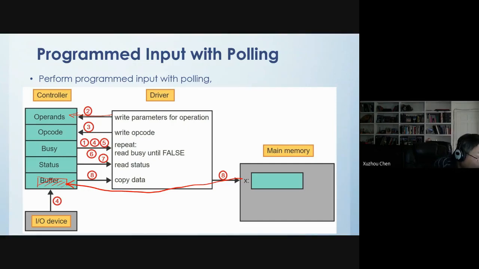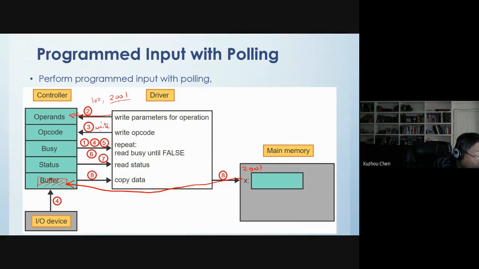So you set the operation: please read the data from memory location 2001 and put it in block 102. The opcode is write, and the data goes from memory location 2001 to block 102.